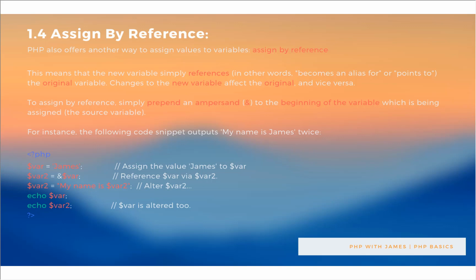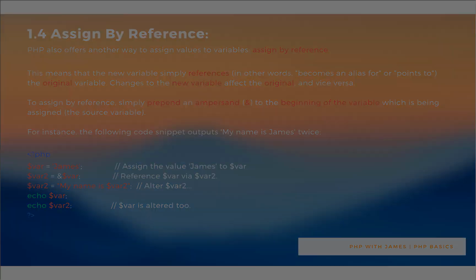On the third line, $var2 equals "my name is" . $var2. We alter $var2, but when we echo $var or $var2, $var is altered too. So in the previous slide, assigned by value, it was not altered, but in this example, assigned by reference, the value is changed. So if in some case we want to change the variable's value, then we can use assigned by reference there.